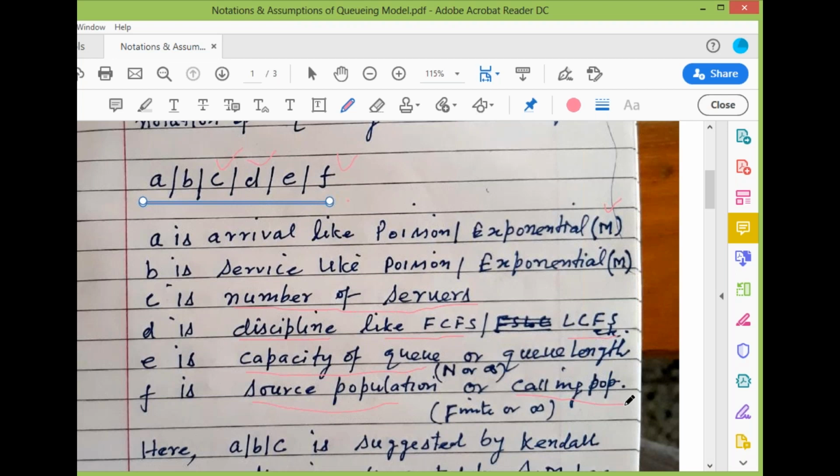If the village has 200 families or 200 total population, then the size of the calling population is finite. That is the 200. So here the size of the source population is finite. Then we have to mention here 100 or 200 or capital M, or whatever number we can represent by that number.